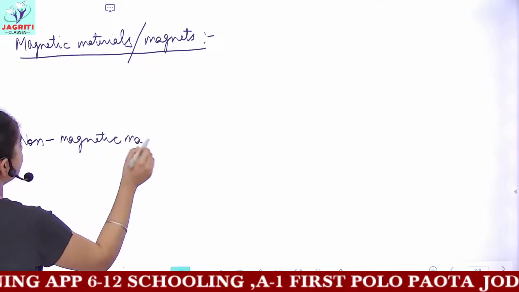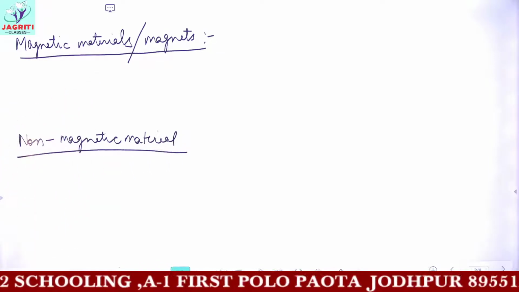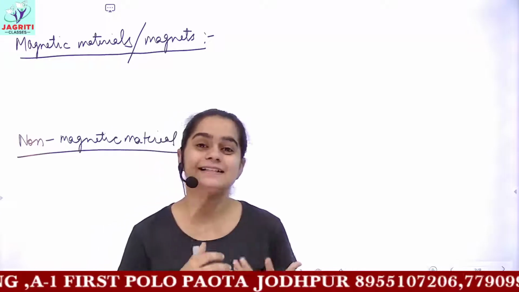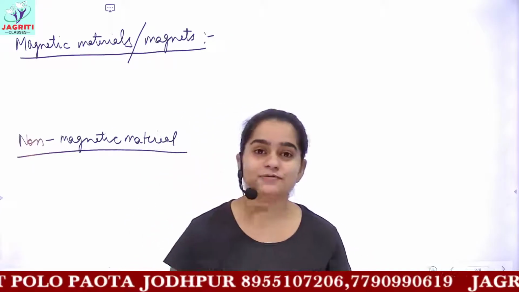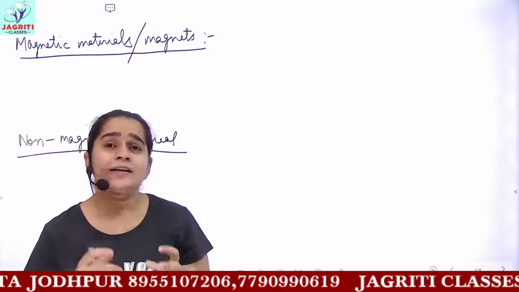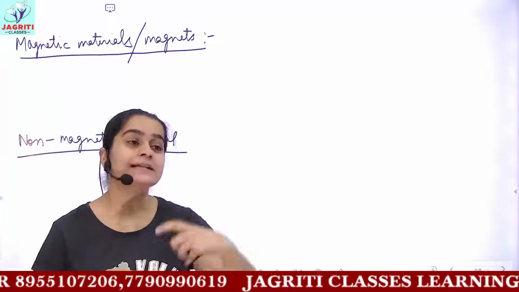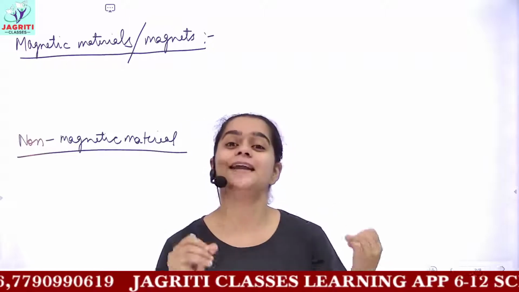So how can you define a magnetic material or magnets? We have all played with and seen magnets when we were kids, and many of you have still seen magnets. So what are magnets? Magnets are those substances which show magnetism or which attract other materials made up of iron or iron-like objects.